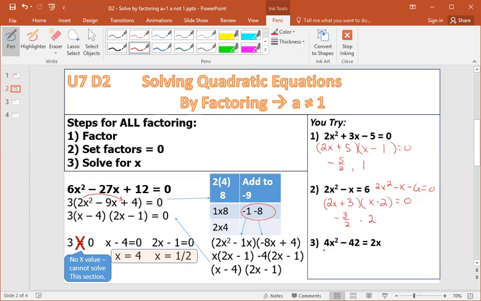Okay, same thing with the bottom. 4x squared minus 2x minus 42 is now equal to 0. I actually have a GCF of 2 here, so I can take that out.